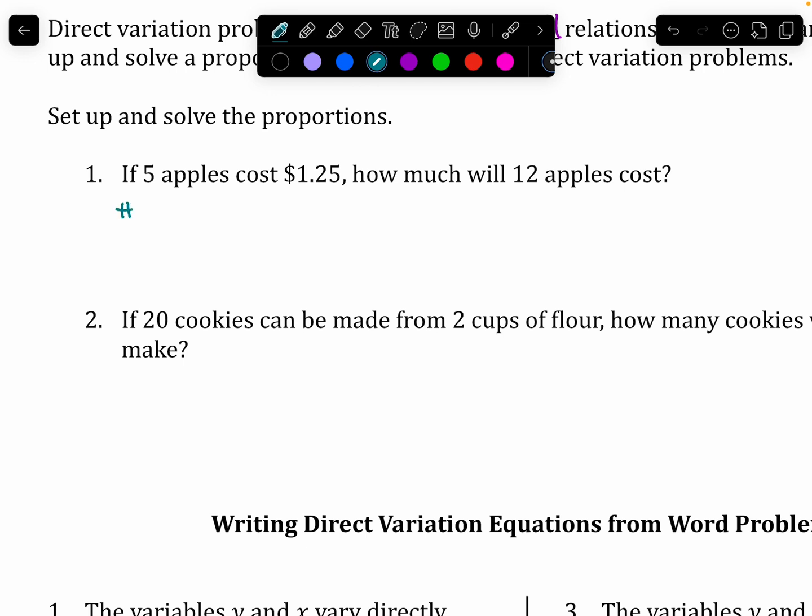It really doesn't matter, but typically the first thing that I'm given is going to be what I put on top. So I'm going to do my ratios as number of apples over total cost. Okay, so when I set up my proportion, I'm going to follow that logic. So if 5 apples cost $1.25, how much will 12 apples cost?